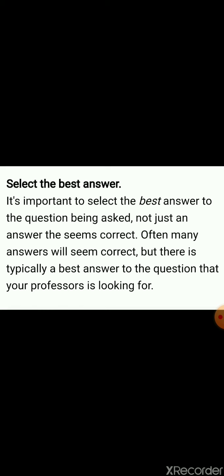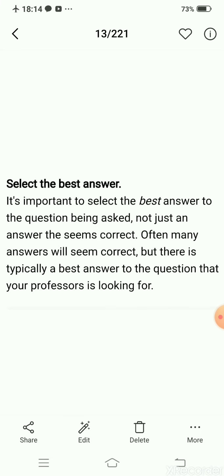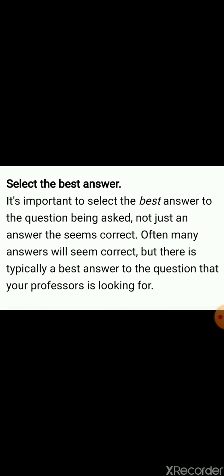Sometimes there are tricky answers. They seem correct, but they are incorrect when we get the answers in the final test. Often many answers will seem correct, but there is typically a best answer. All the answers you will get, this is also a correct option, that is also a correct option, but all are not.